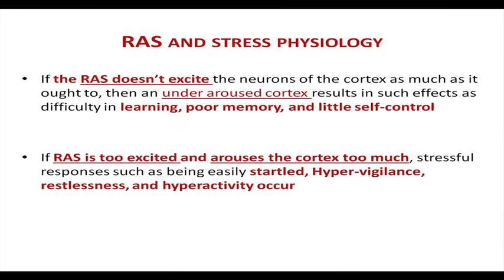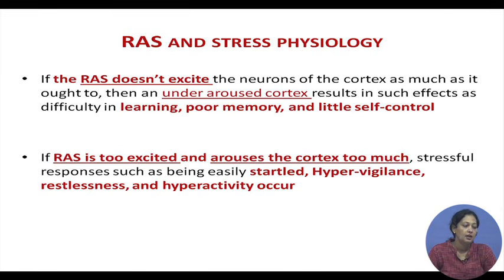So, if the reticular activating system does not excite the neurons of the cortex as much as it ought to, then an under-aroused cortex results in effects like difficulty in learning, poor memory, and very less self-control. On the other hand, if RAS is too excited and arouses the cortex too much, then stressful responses result.